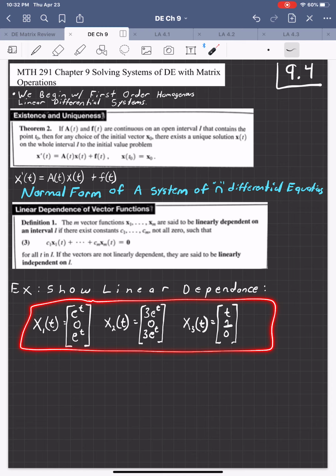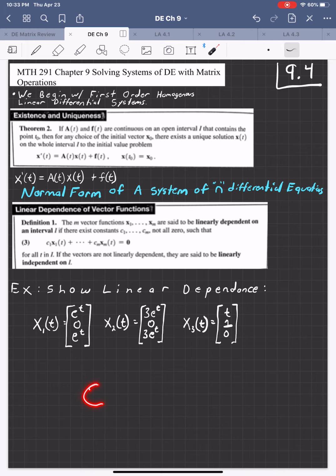Now, if you remember, I'll try to use some language that we used in linear algebra. If you don't mind, come down with me to the bottom. Let's just say this is the following vector equation.